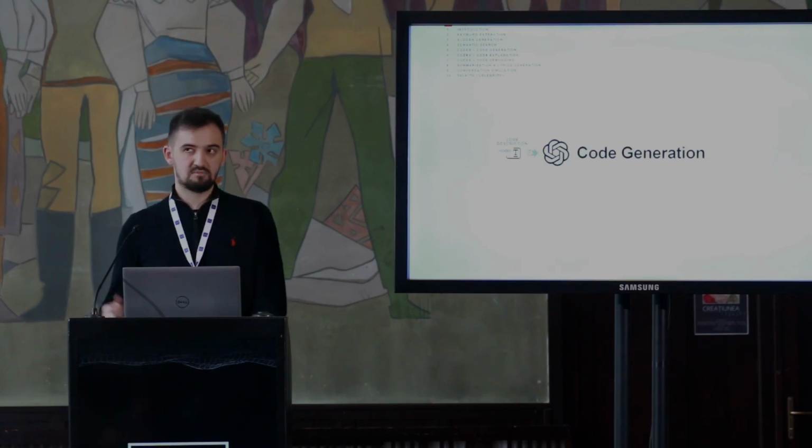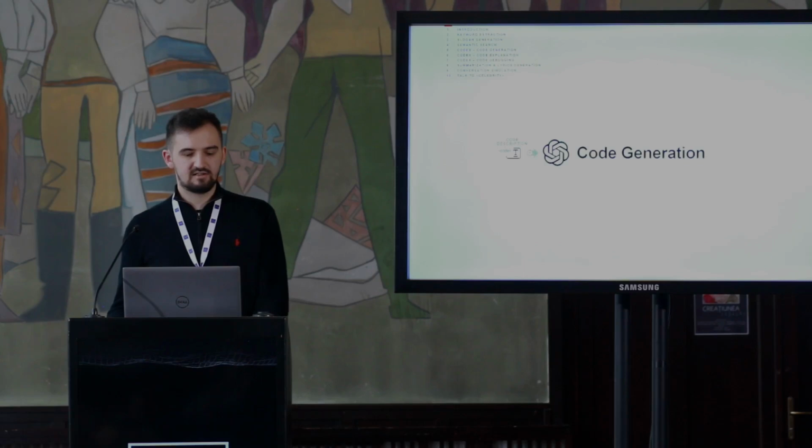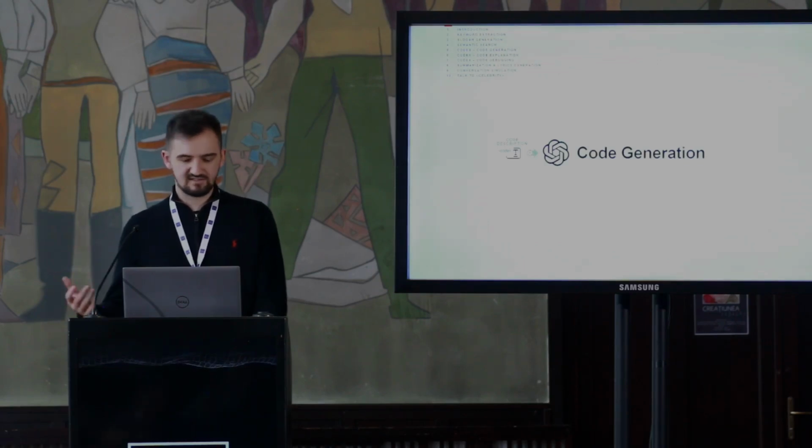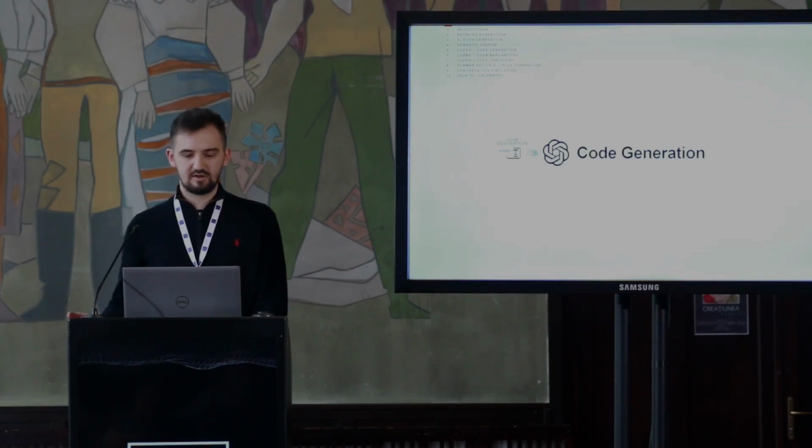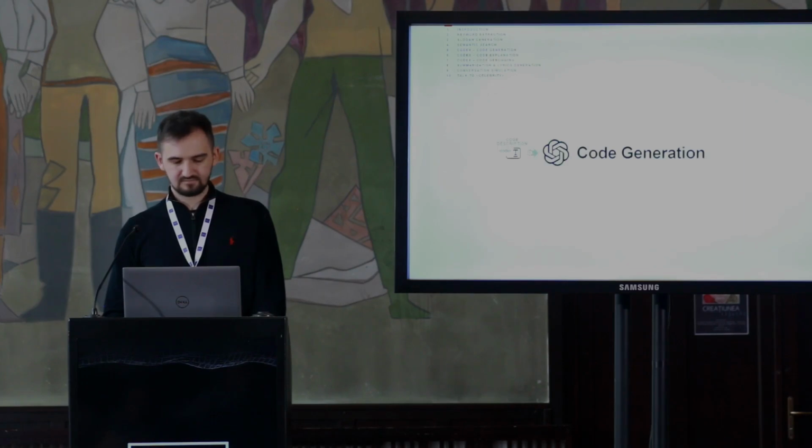Something like, I want you to write me a script that finds the first 5 prime numbers and adds them, or generate me a script that creates a CSV file with this data and labels it like that. So there are many use cases here.